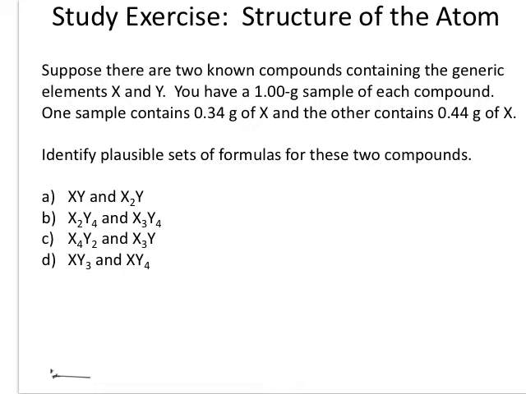So when you're working this problem, notice it's a binary compound. The first thing you want to do is figure out what your subscripts are going to be. X and Y is your compound, and you want to know what these little subscripts are going to be.